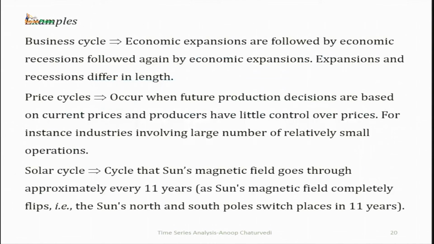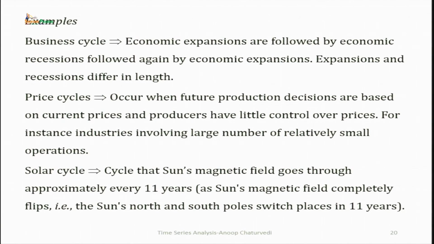So, these are examples of periodic variations. Say, business cycles: economic expansions are followed by economic recession, followed again by economic expansions, etc.